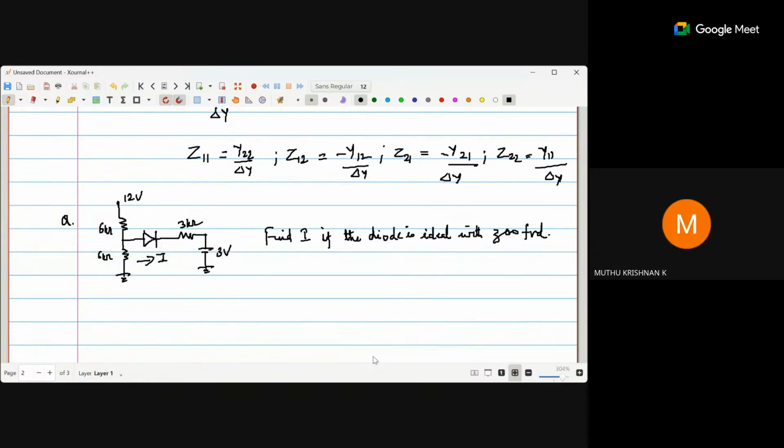Ma'am, what is the value of I? Find the value of I if the diode is ideal with 0 forward voltage drop. 1 amps.